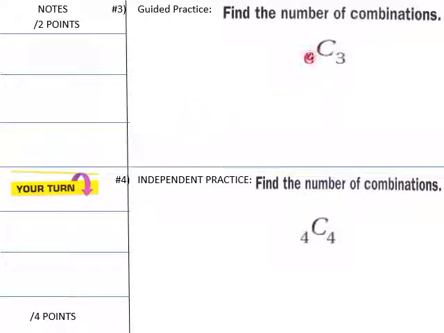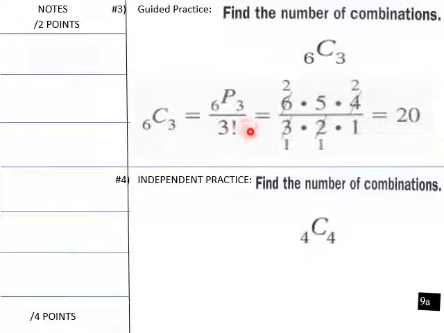So we have the situation here, 6 choose 3, and then 4 choose 4. For our guided practice, this would be our situation. So we have 6P3, which is 6 times 5 times 4 over 3 times 2 times 1.